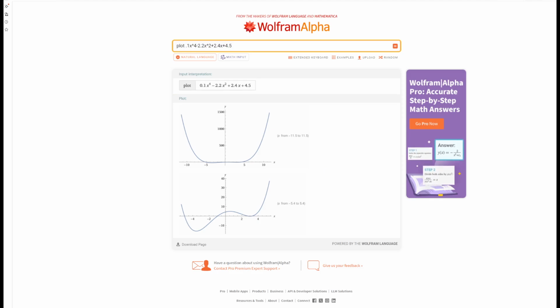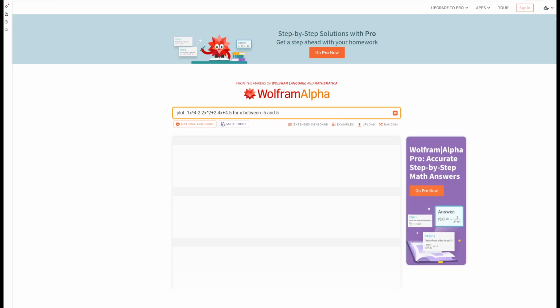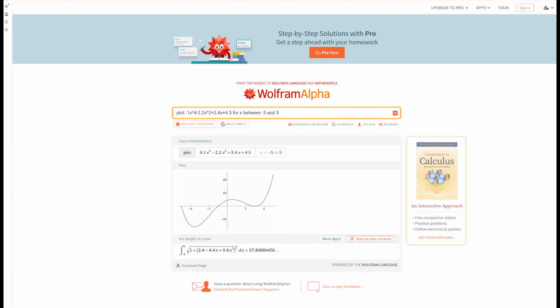If you need to specify other things, like for x between minus 5 and 5, you can do that. And you get this kind of thing. And you can also ask it to plot, say, that circle again.